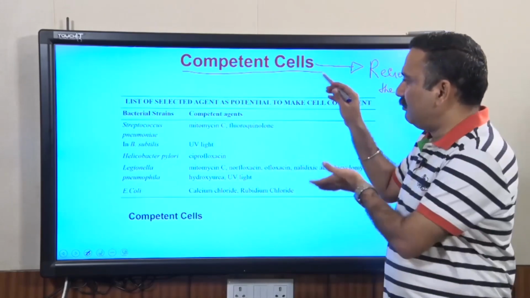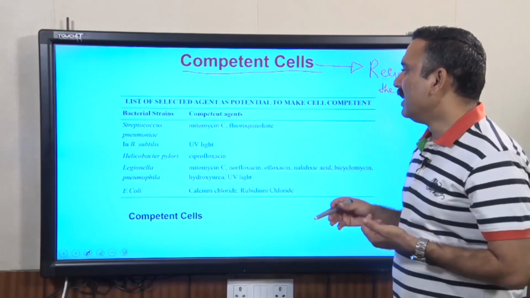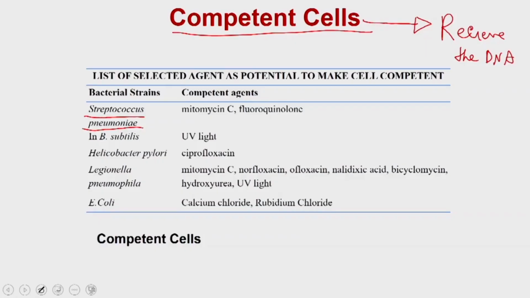You can see a small list where I have listed the different types of bacteria. For example, in the case of Streptococcus pneumoniae, you have to treat these cells with mitomycin C or fluoroquinolones. Similarly, in Bacillus subtilis, you have to treat them with UV light, and that actually makes these cells competent to receive the DNA.